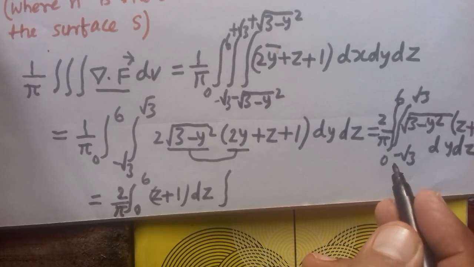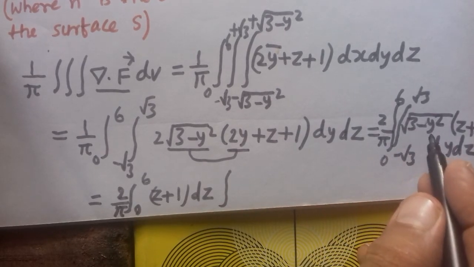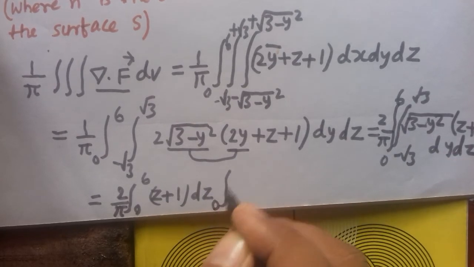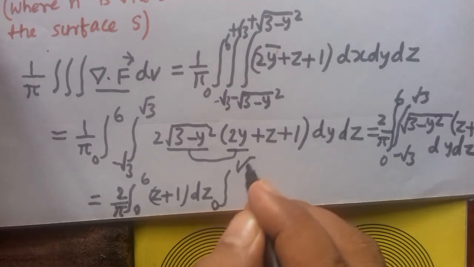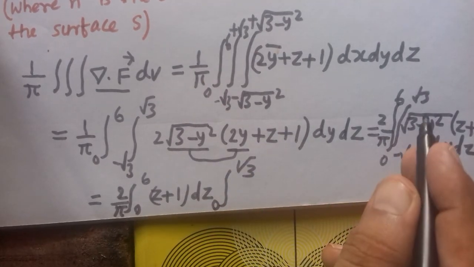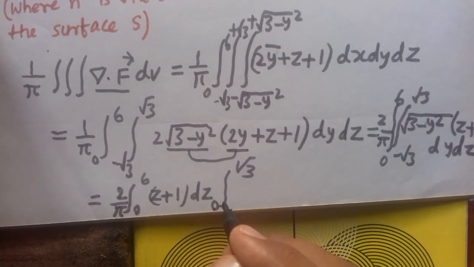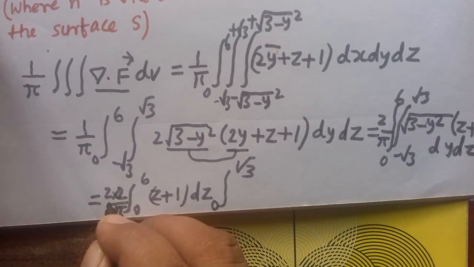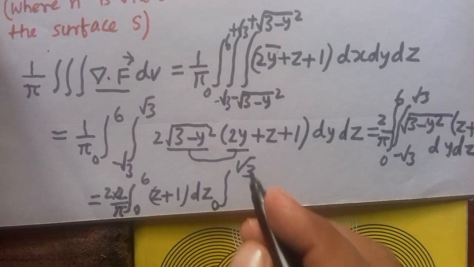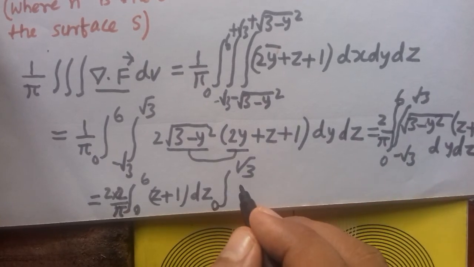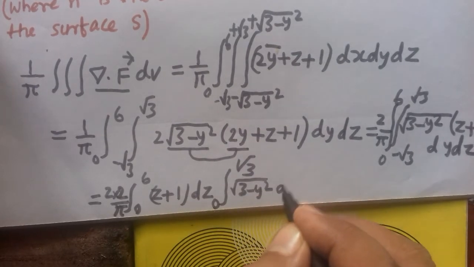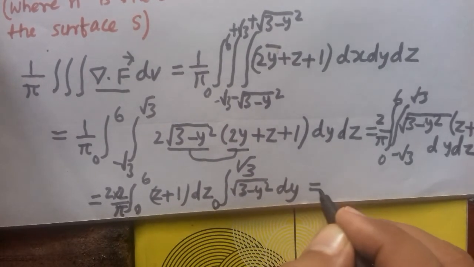For y, you see root of 3 minus y square is an even function, so we put here 0 to root 3, but here you see minus root 3 to root 3, so for this change we have to put a 2 here. Now root of 3 minus y square dy. Now it is easy to calculate.